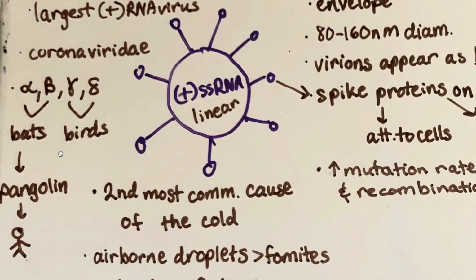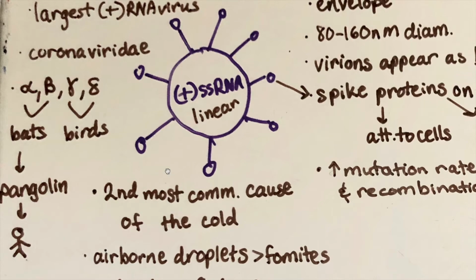The reservoir for coronavirus was bats, and it still is for this novel coronavirus. However, the intermediate host previously was civet cats that were eaten in China and then passed to human beings. The reservoir for COVID-19 is still bats. However, it's passed to pangolins and then to humans, supposedly. So the intermediate host has changed over here.